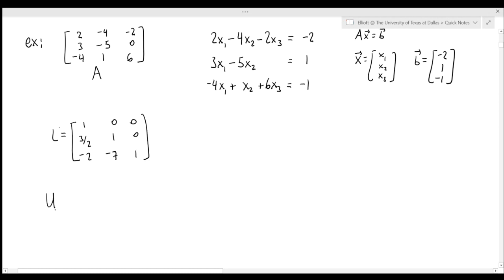All right, and then just also for reference, here's U. It was 2, -4, -2, 0, 1, 3, and 0, 0, 23. Okay, so the first step to solving the system using L and U was to solve the equation Ly = b.